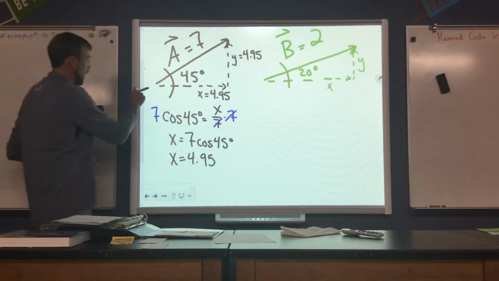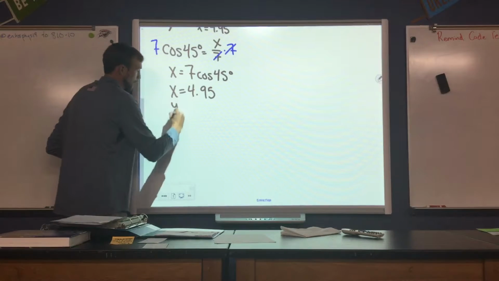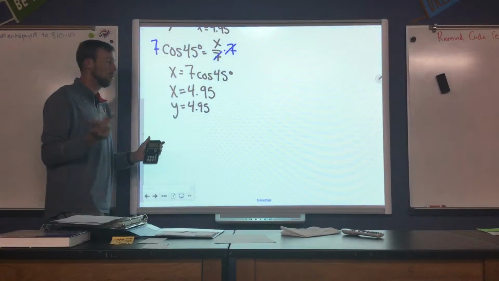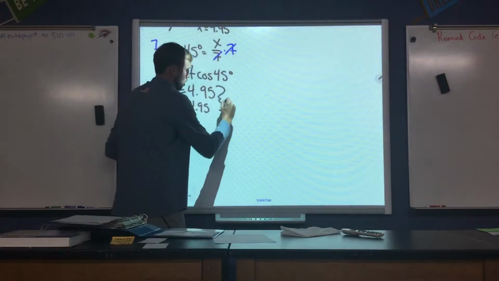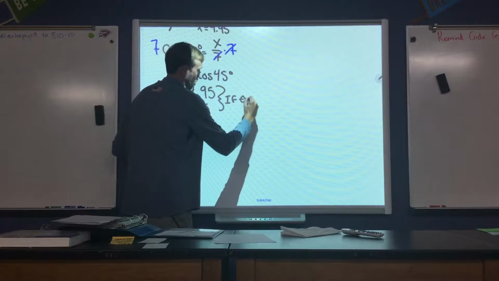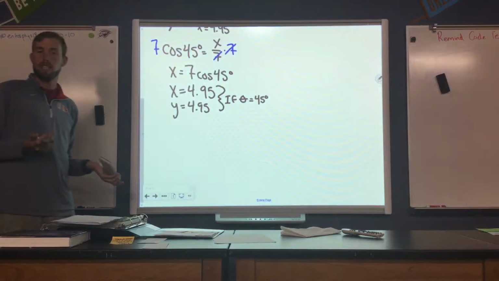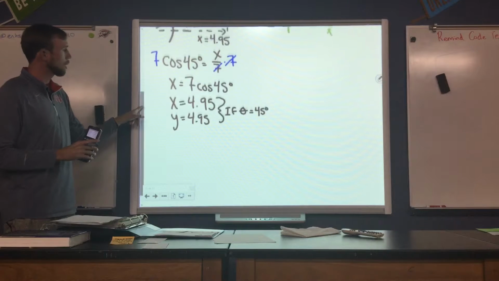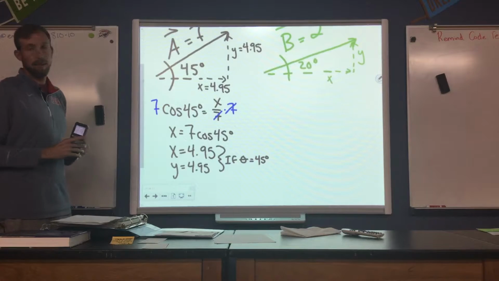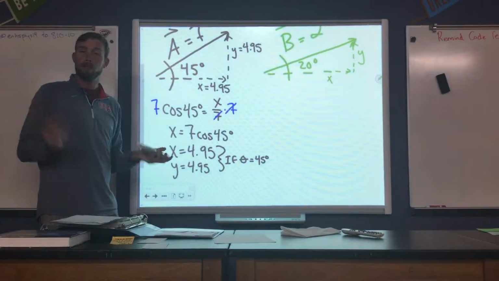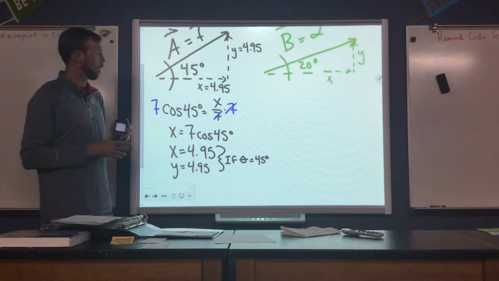So now we know that the x component and the y component are 4.95. This will only be true if the angle equals 45 degrees, which in this case it is. So we know our components for vector A. Now we need to do the same for vector B. Unfortunately, our angle is not 45 degrees, so we'll have to do a little bit more work here.